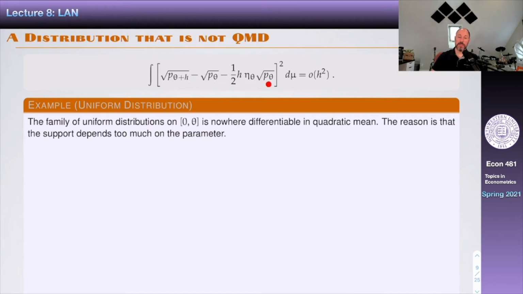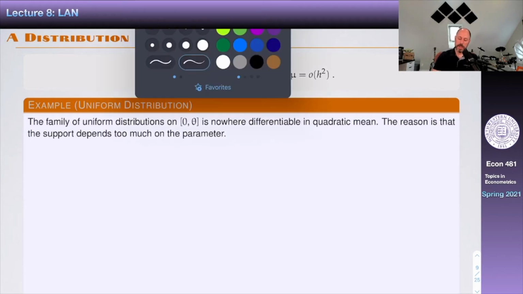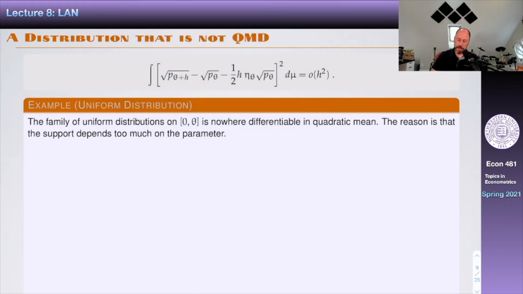When you compute this difference, it has to go to 0 at a rate that is faster than h squared. Well, in the case of the uniform, notice that p_theta is uniform on 0 to theta, and p_{theta plus h} is uniform on 0 to theta plus h. So let's call this over here star.